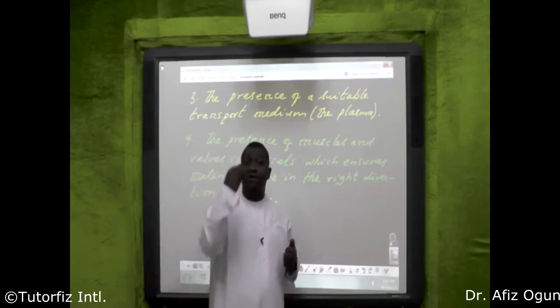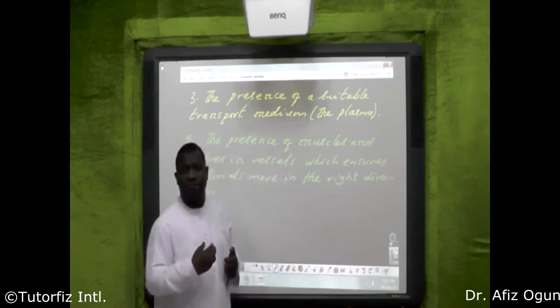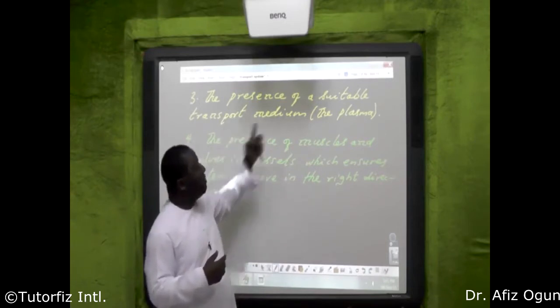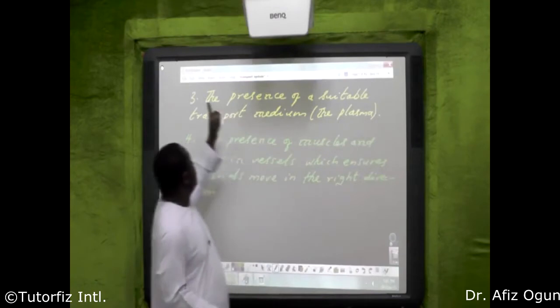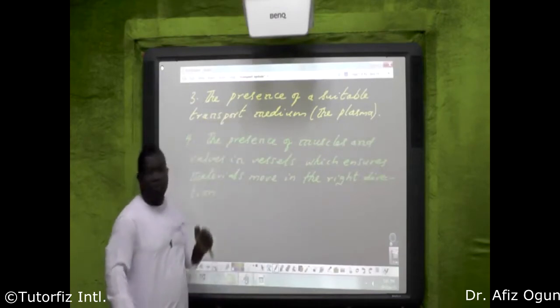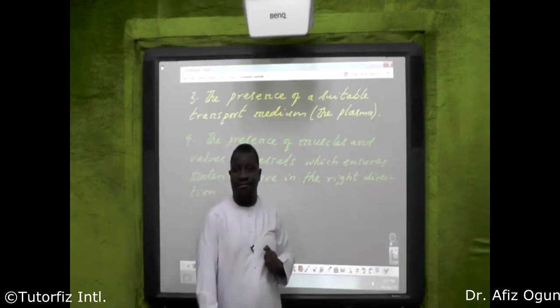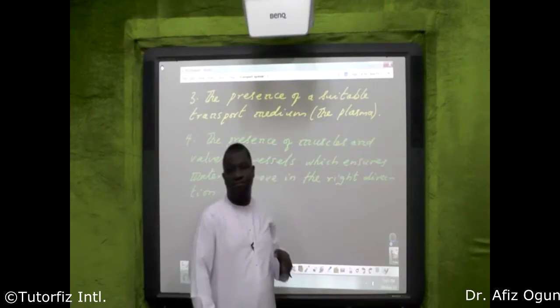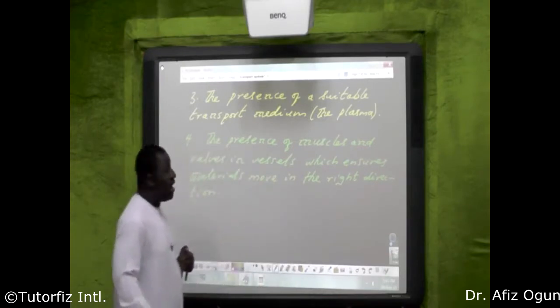Just like water is the best medium of transportation, we also have the plasma, which is water. So the presence of a suitable transport medium, the plasma, which is water. You can see that now. The transport systems we are talking about here are built just like what you have in you and I.